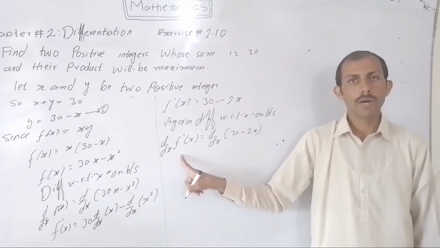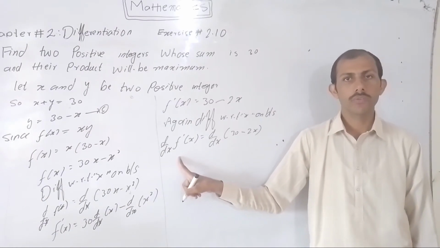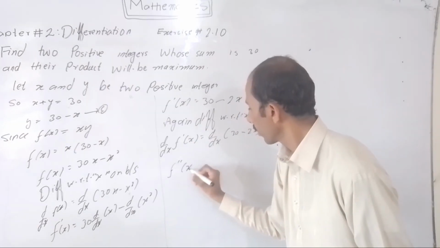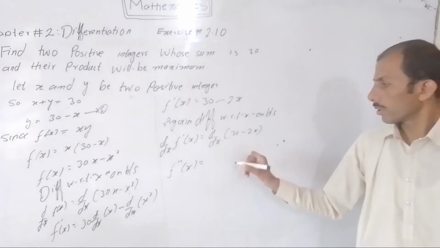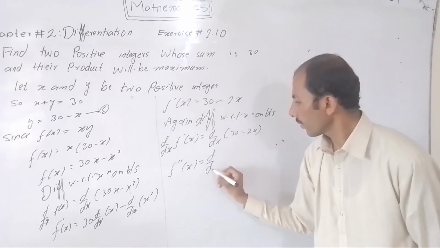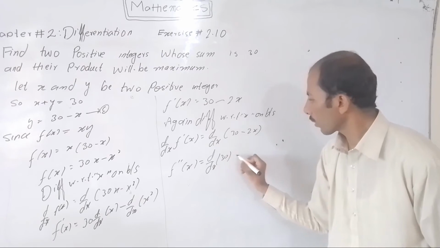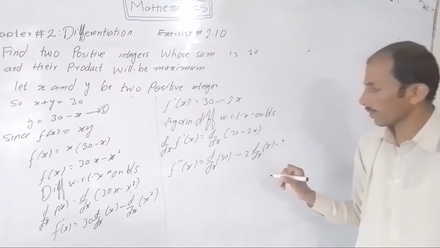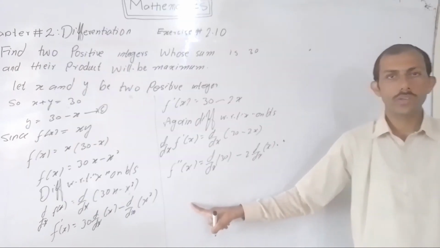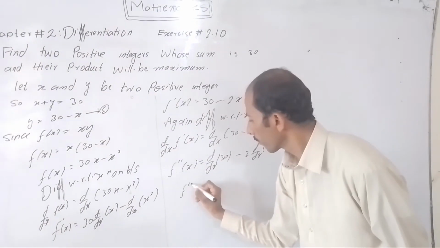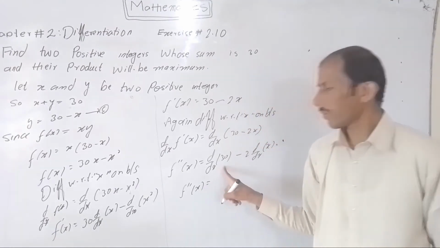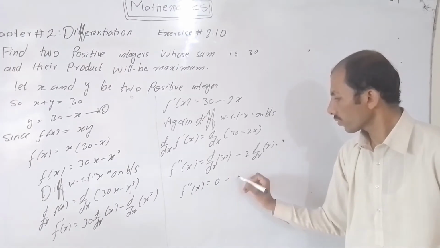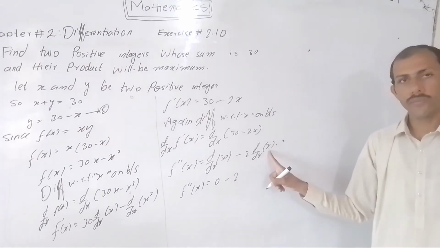Derivative of f prime of x can also be written in the form of f double prime of x, which is equal to derivative of 30 with respect to x minus 2 times derivative of x with respect to x.